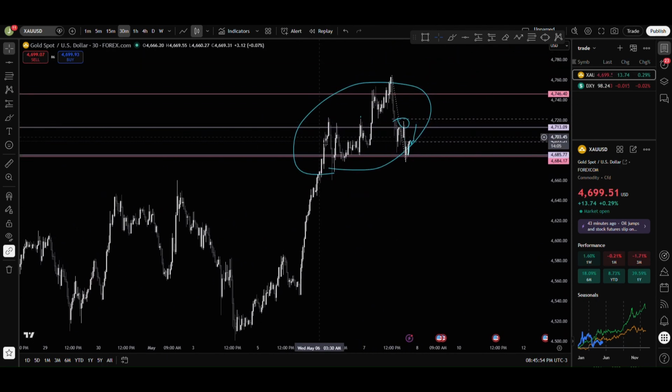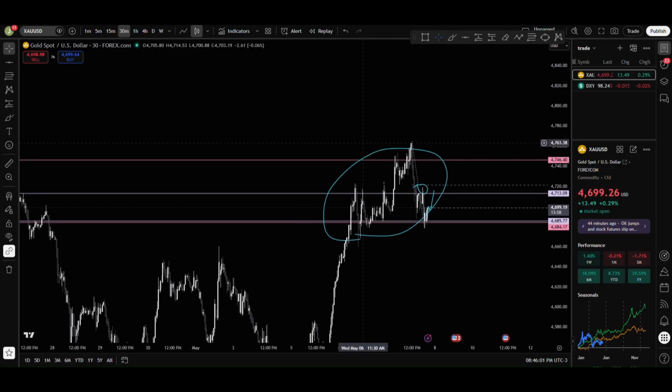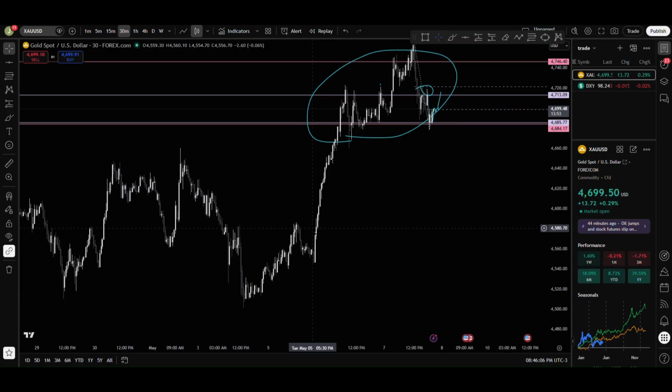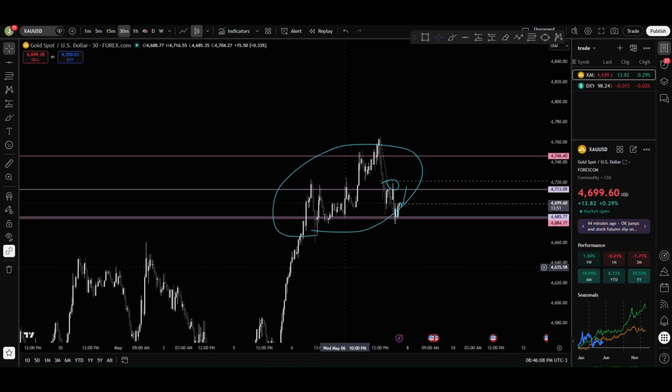Yes, we do have this massive imbalance to fill, but it reaches a point of irrelevance when we're only trading the next few minutes. It doesn't really matter that 4 days ago an imbalance was created.